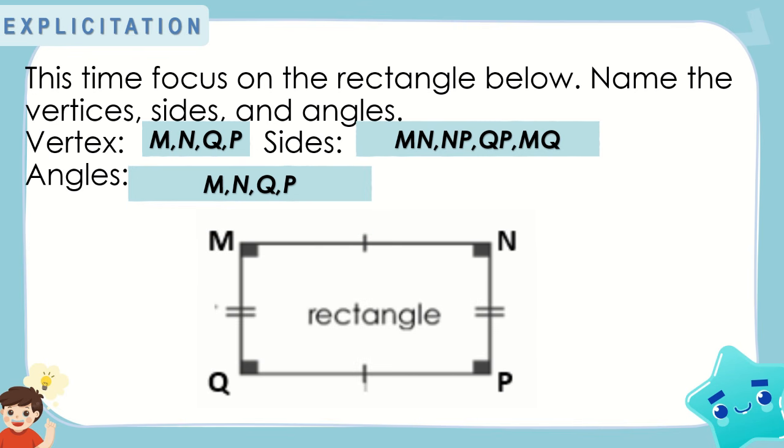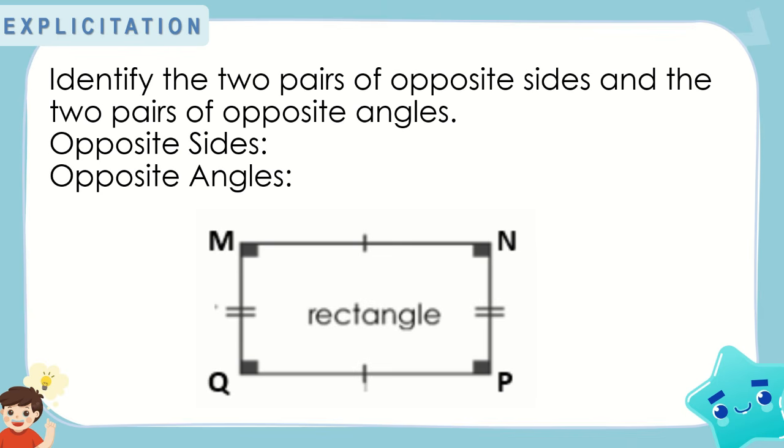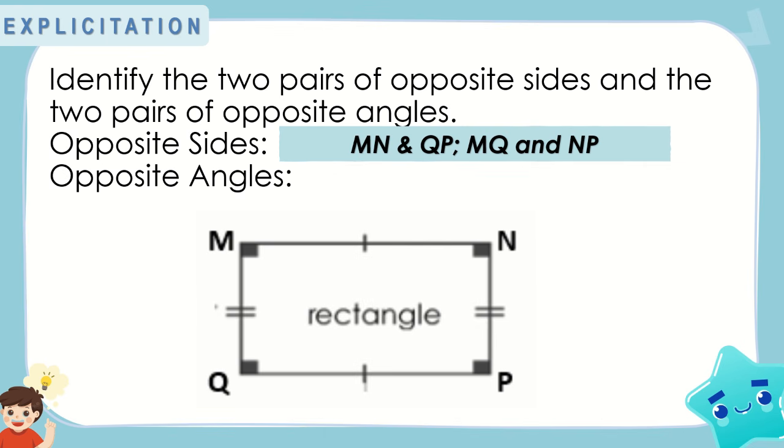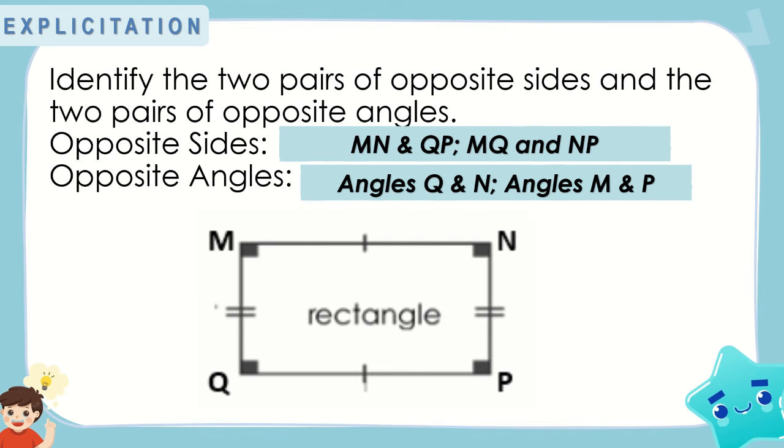For the angles, we have M, N, Q, and P. Identify the two pairs of opposite sides and the two pairs of opposite angles. For the opposite sides, we have MN and QP, and MQ and NP. For the opposite angles, we have angles Q and N, and angles M and P.